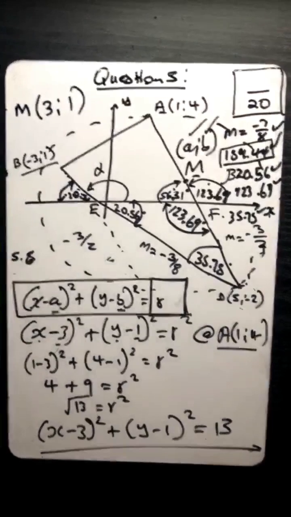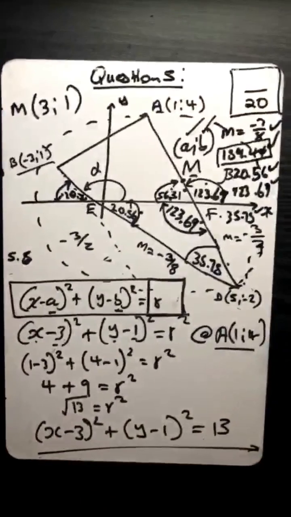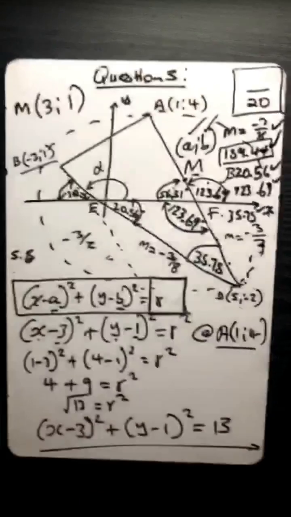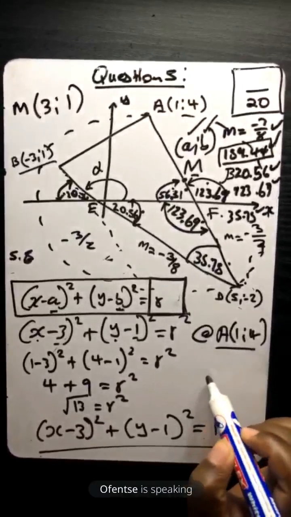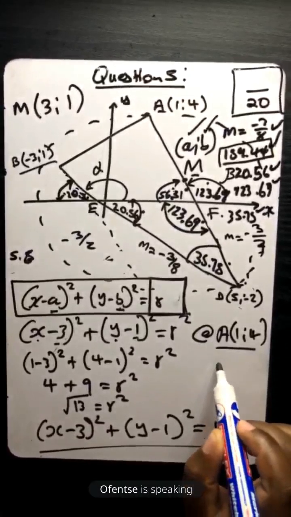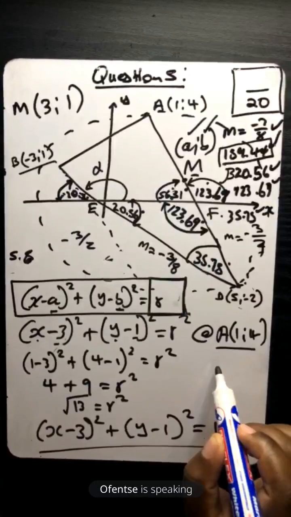Let me quickly confirm something. You're saying for that, do we not do what? Let me write it down. We calculated the length of AD as 2 root 13.